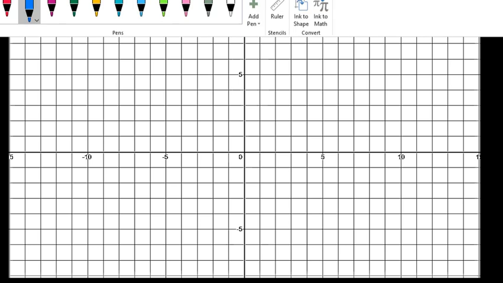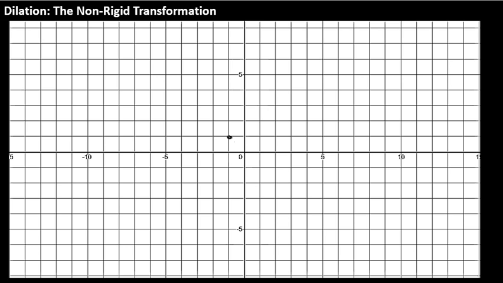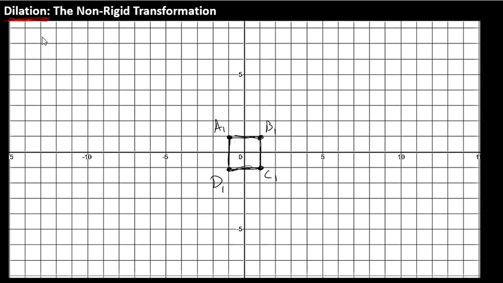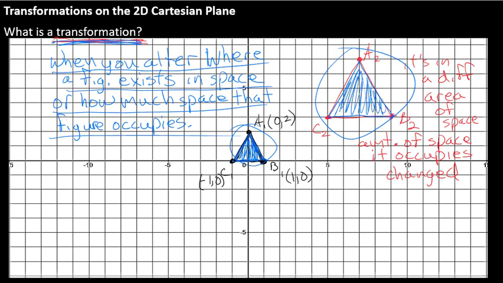Okay, so now let's look at a little bit simpler of a shape, simpler as in simpler to understand numerically. Let's look at a square. So I've got a square whose vertices we're going to call A1, B1, C1, and D1, right? Okay, so what we're going to address right now is what is a dilation? Okay, and before I do that, I'm getting ahead of myself.